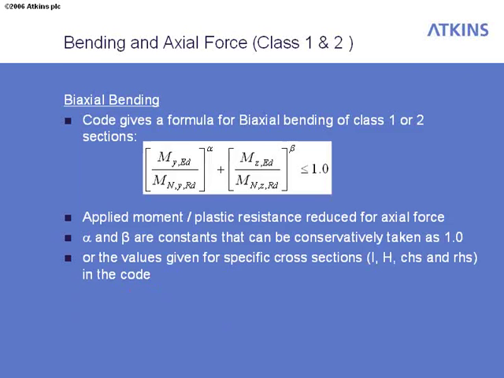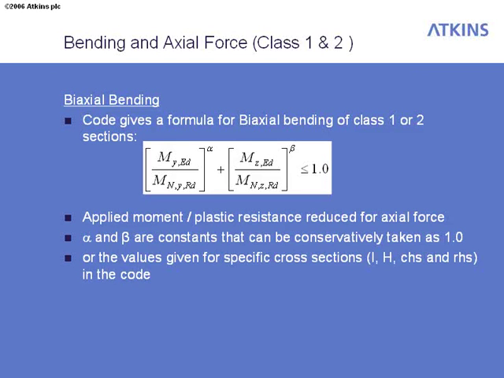In a lot of practical cases, the steel section will be subject to axial force as well as bending about both the axes within the system, so you'll have biaxial bending as well as the axial load acting on the section. Calculation of the collapse load is also complicated by the addition of moments about both axes.